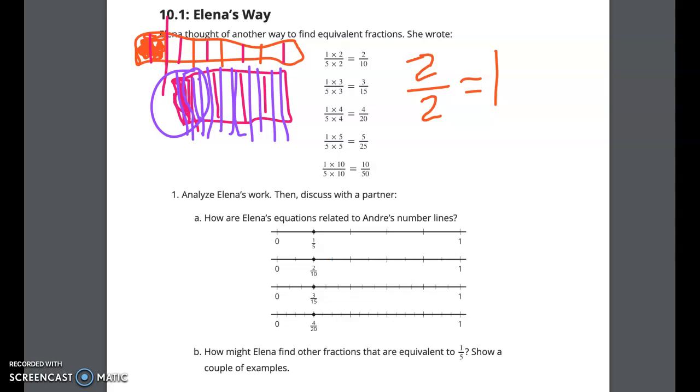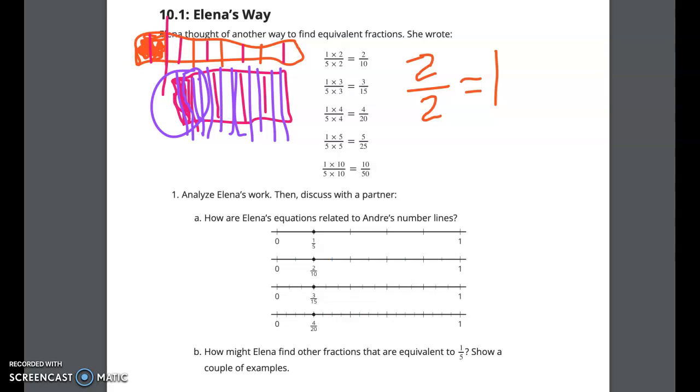If you were to continue doing it that way, these fractions would be the equivalent fractions because you're cutting the fraction into more pieces. Then you come down here and it says, how are Elena's questions related to Andre's number lines? How is what she's doing up here similar to what Andre's doing down here? Look, he has 1/5, 2/10, 3/15, and 4/20.